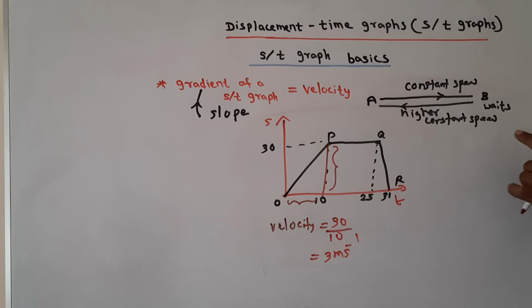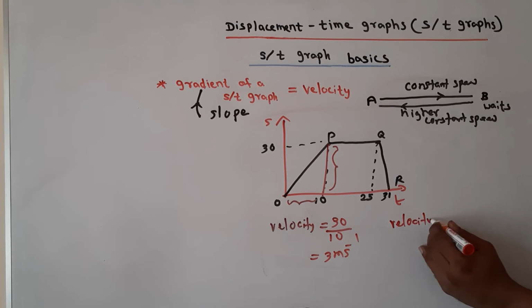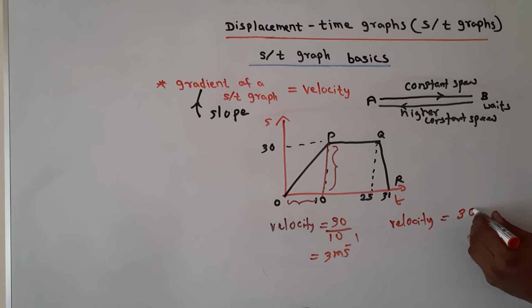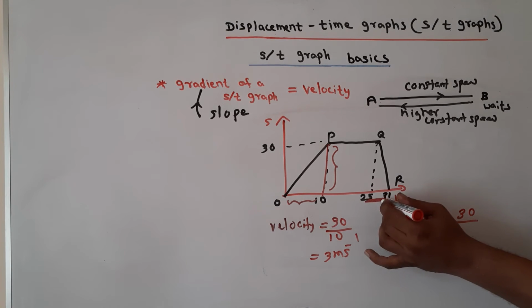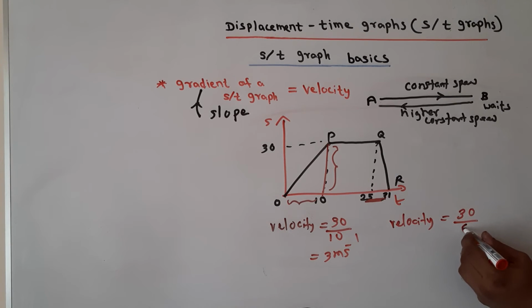And on its way back, speed is much higher. Therefore, velocity on return: displacement 30, the time taken from 25 to 31 is only 6 seconds.